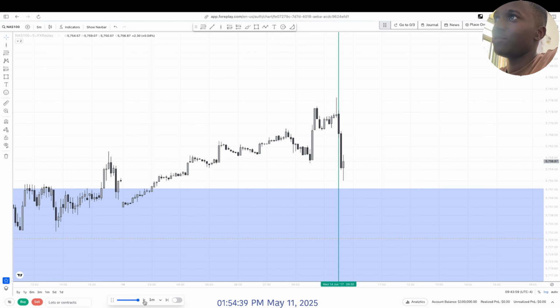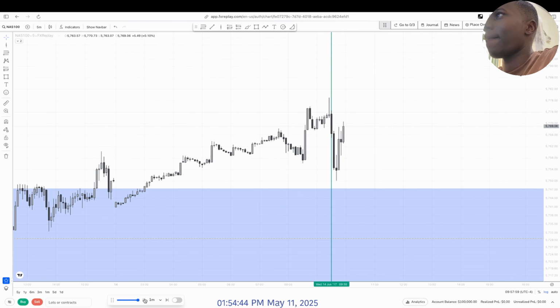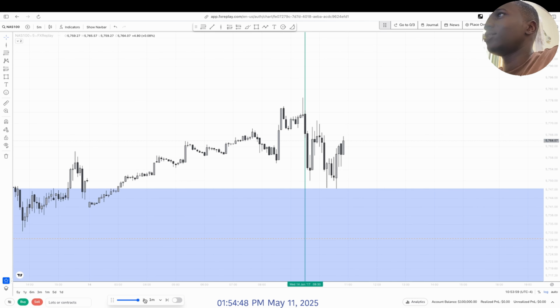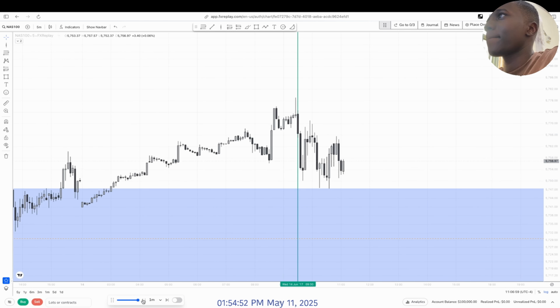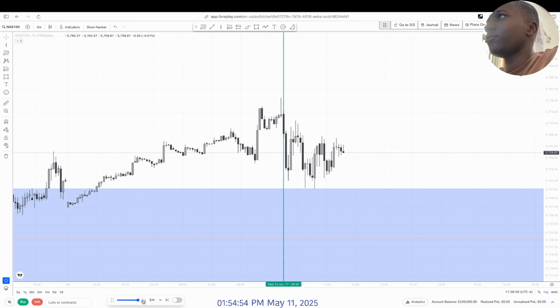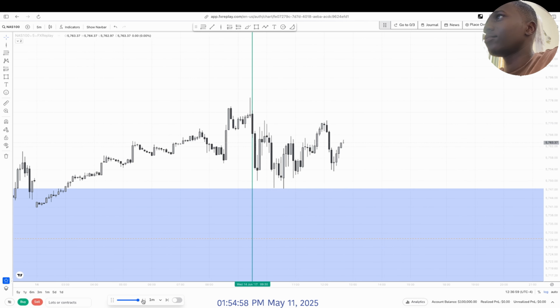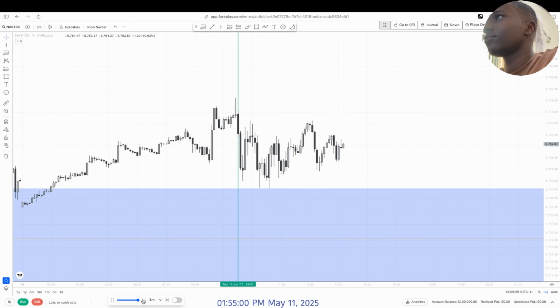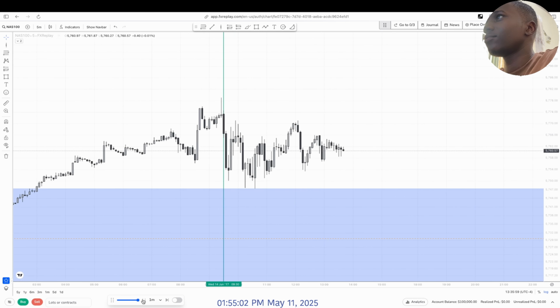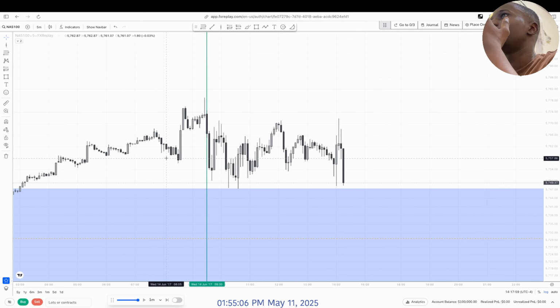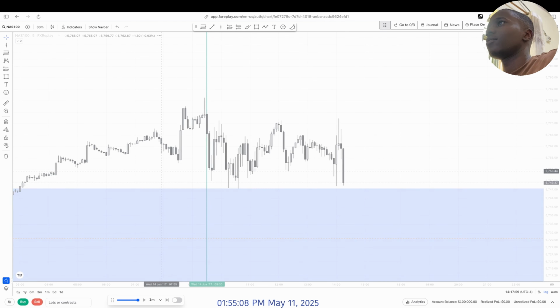But we are still dropping until we touch this OB, as we anticipated before. So are we gonna touch it? Yep, we did. You can see we did touch it a bit. Now there's some kind of consolidation. Okay, very crazy consolidation.